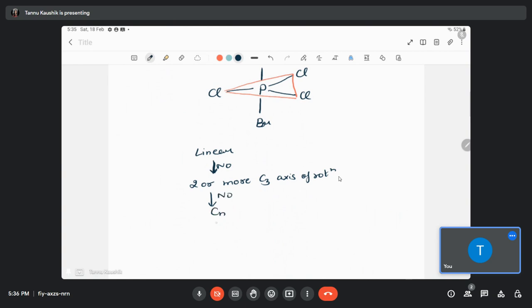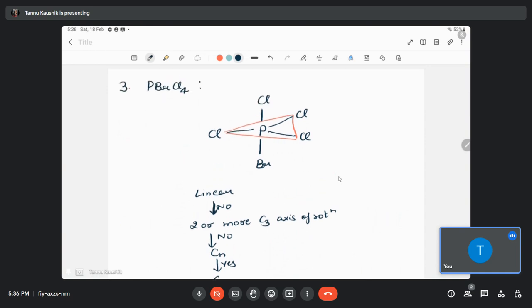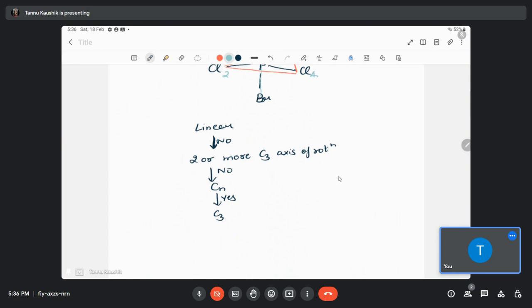We have Cn, which is the C3 axis of rotation only, which is along this Cl1, 3, 4, passing through P, Cl1 and bromine.